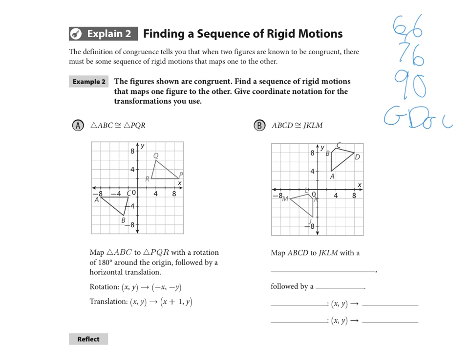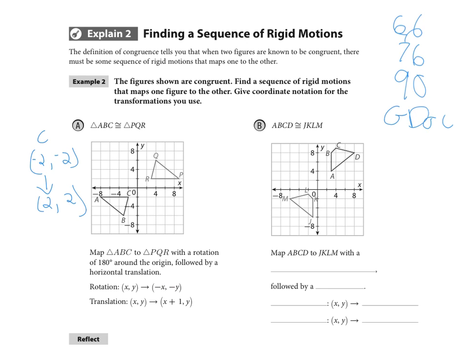Let's start with point C. If we rotated C 180 degrees around the origin, it would move from (-2, -2) to the next spot it would land, which would be (2, 2), because the rule for the rotation is just to change the sign, remember, of each of the coordinates.